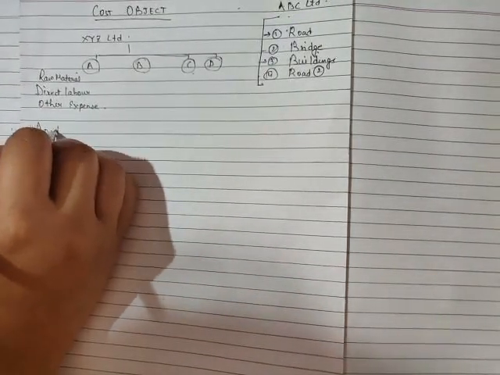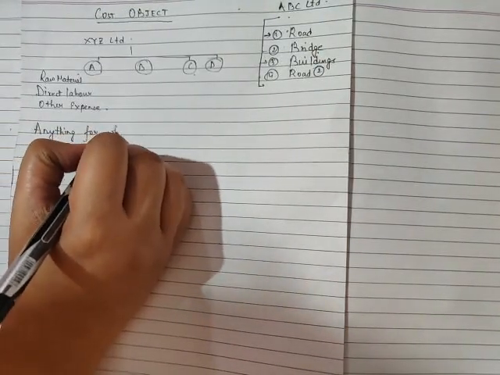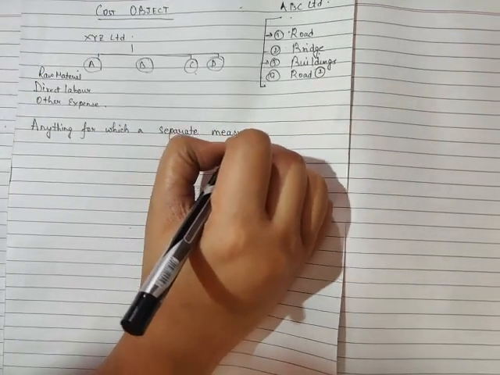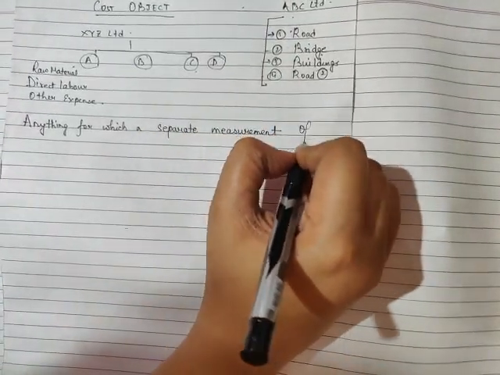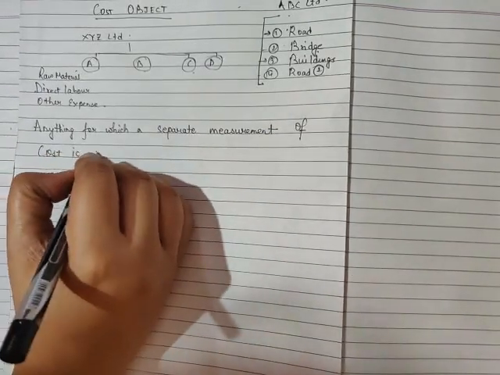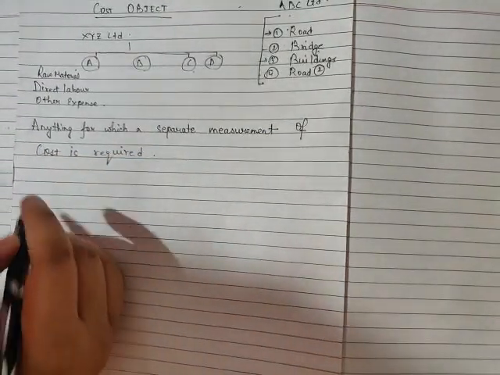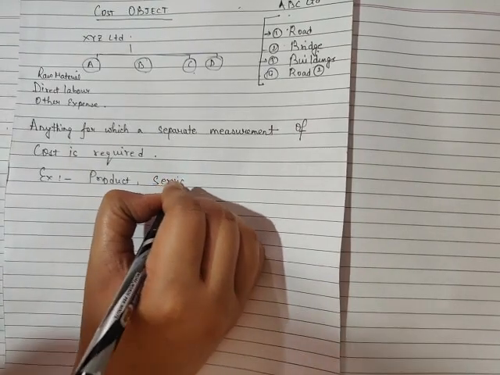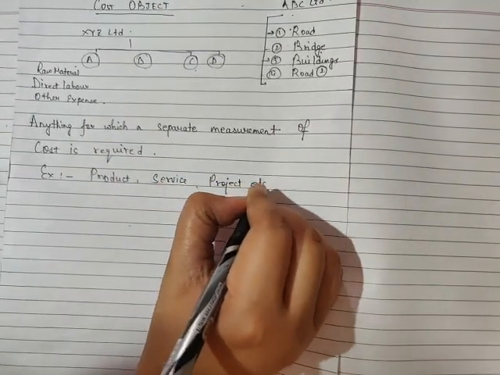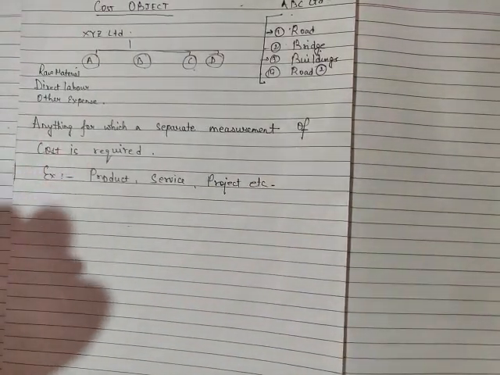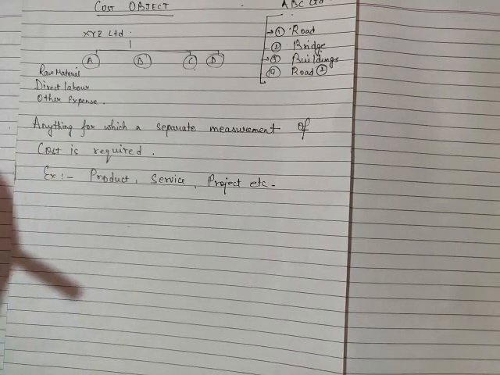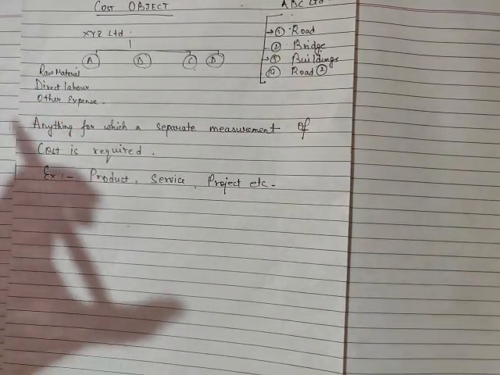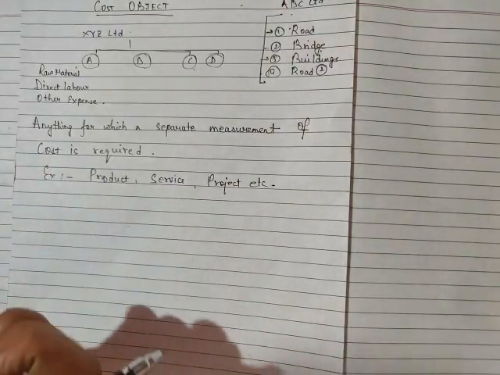A cost object is anything for which a separate measurement of cost is required, such as a product, service, project, etc. It is a very important term because as we proceed with the chapters of cost accounting, we'll see that in each and every question we have a cost object, that is, we have to ascertain the cost for a particular item.